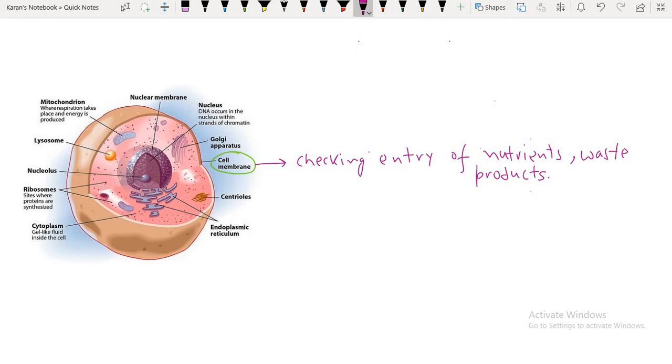Now you can see there is a structure, centriole. This centriole helps in cell division. Let me tell you more about it. This centriole produces cilia during interphase. Interphase, you must be knowing, is the part of cell cycle.